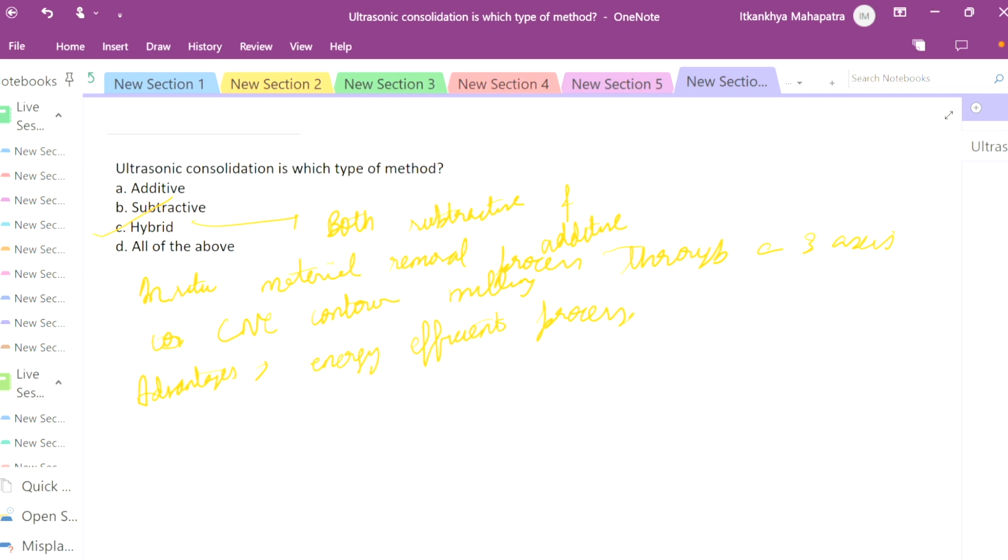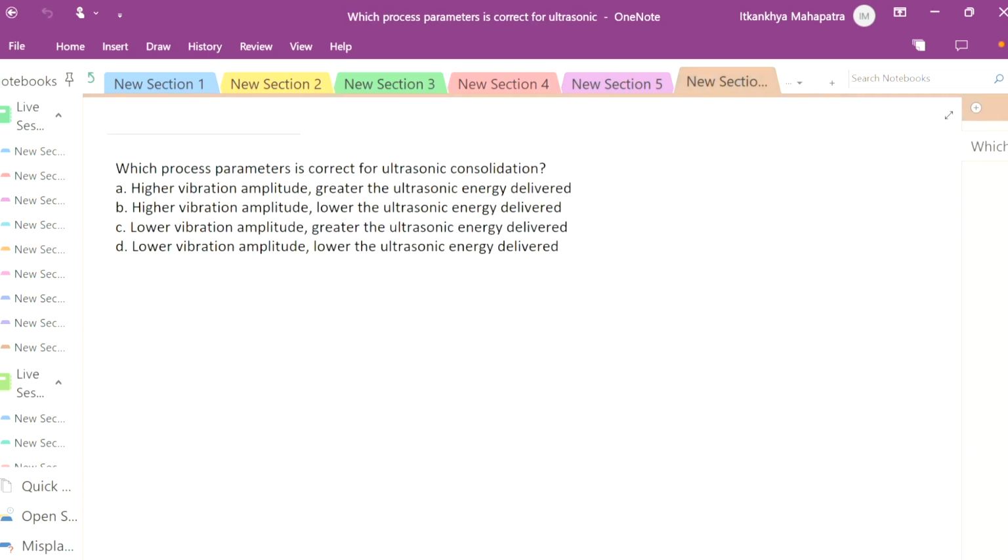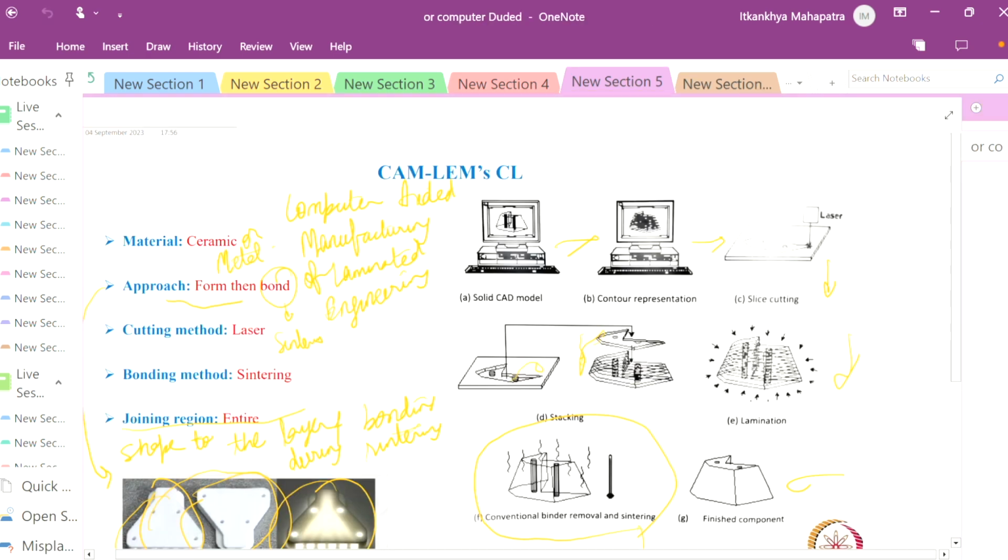Now the next question. Which process parameter is correct for ultrasonic consolidation? Higher vibration amplitude, greater ultrasonic energy delivered. This is the correct option. Some other process parameters are travel speed, temperature of base plate, stiffness of the machine, stiffness of the substrate, hardness, presence of subsurface contaminants, and oxides.